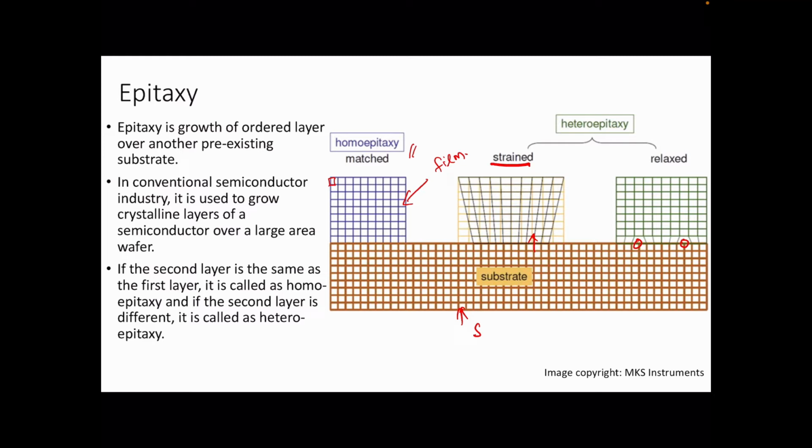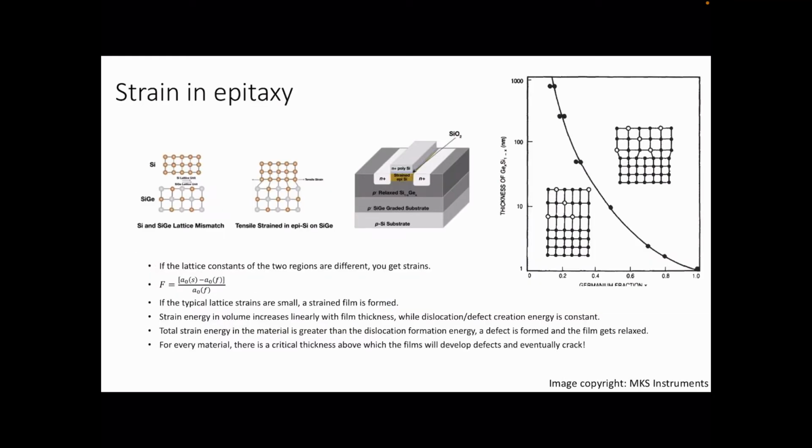A typical relaxed film almost always has defects at the surface, which has several impacts. It can affect the electron transport, and so on and so forth. You will always have defects at the interface. While the strained film does not have any defects, it grows almost pristinely, but then the material has a compressive or a tensile strain. The origin of the compressive or tensile strain can be understood by understanding the lattice misfit, which is defined here.